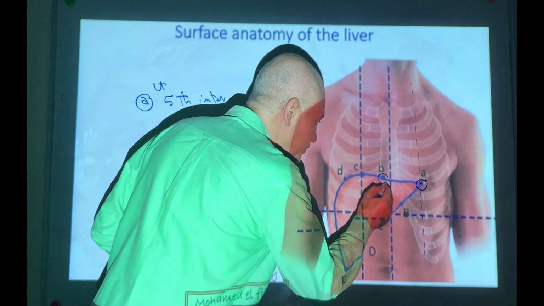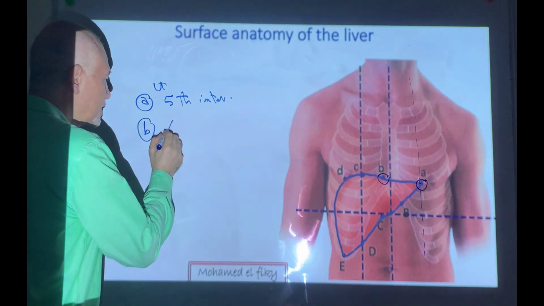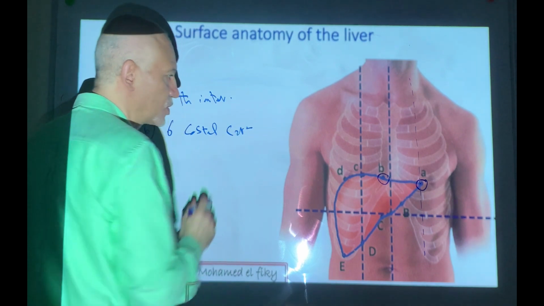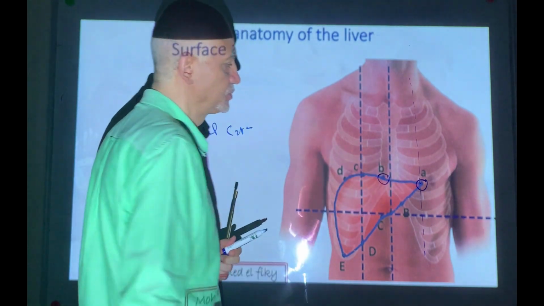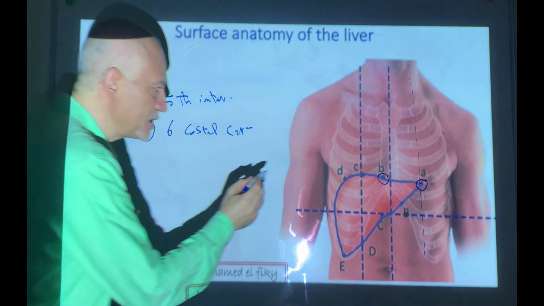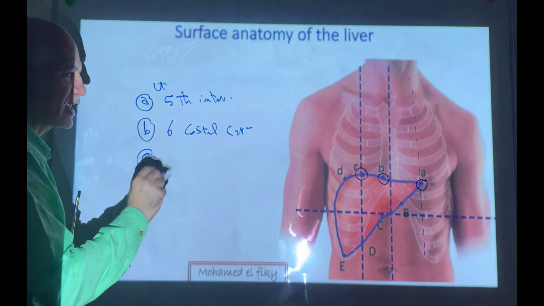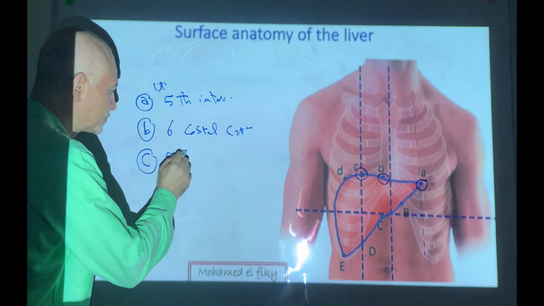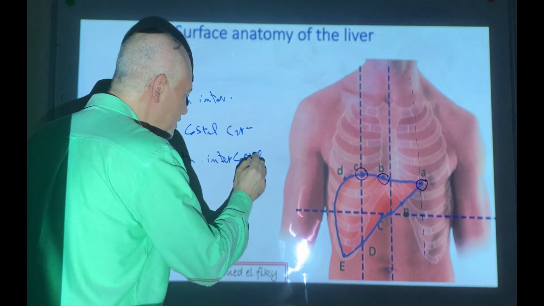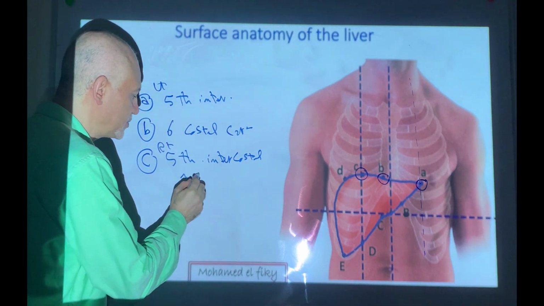Point B is present at the 6th costal cartilage on the right side of the sternum, with attachment to the sternum. Point C is again in the fifth intercostal space, right side, at the midclavicular line.